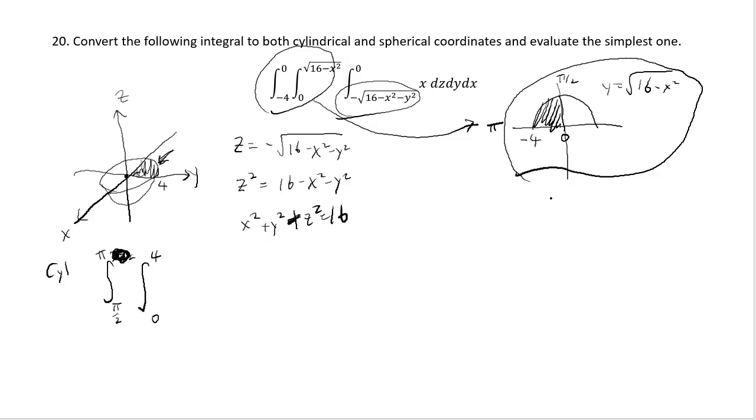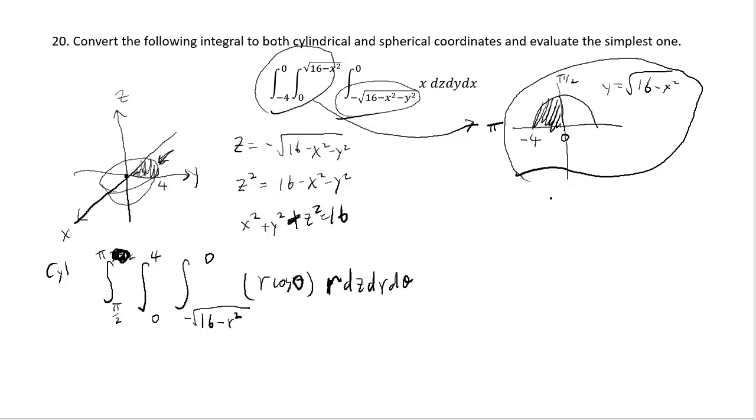And then the z is the same thing, except you have to replace x squared plus y squared with r squared. See, r squared is x squared plus y squared, so instead of subtracting x squared plus y squared, you can subtract r squared to 0. And then x in cylindrical coordinates is r cosine theta, so you replace it like this, and it's r dz dr d theta.